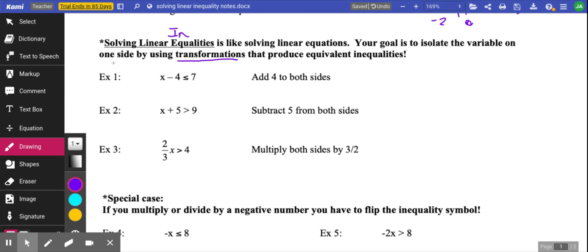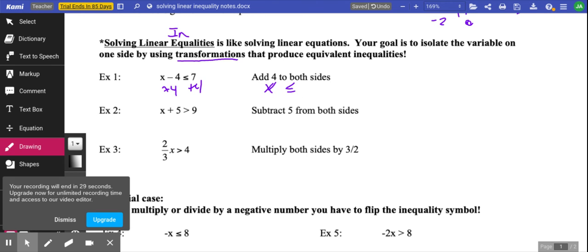Example 1: we have x minus 4 is less than or equal to 7. We want to isolate the x, so we're going to add 4 to both sides. Plus 4, and what we get is x is less than or equal to 7 plus 4, which is 11.